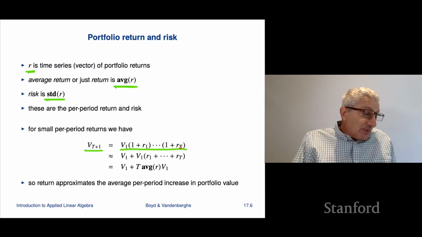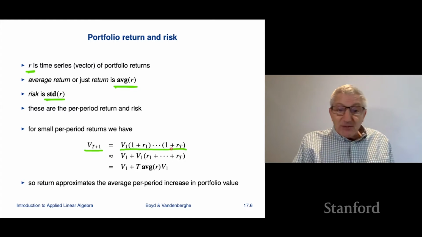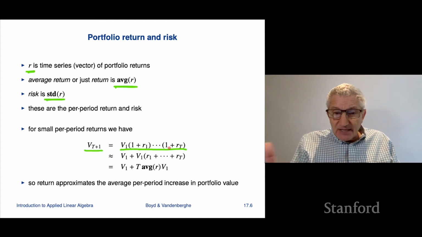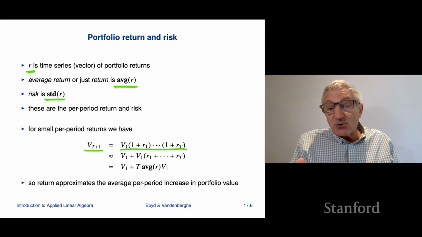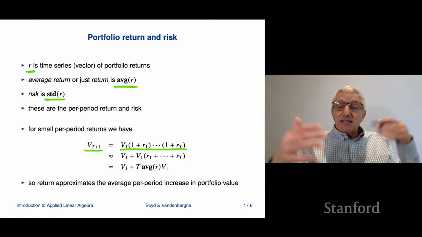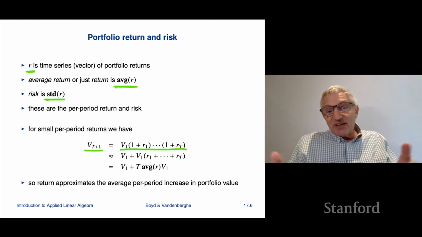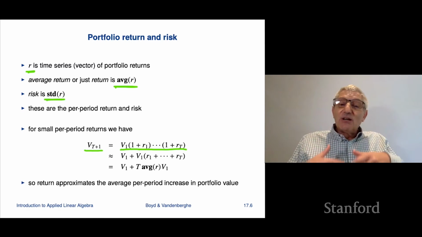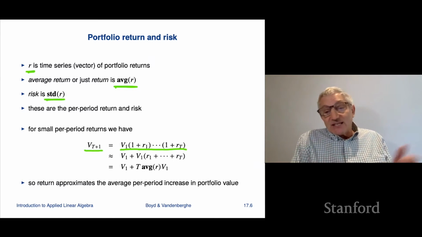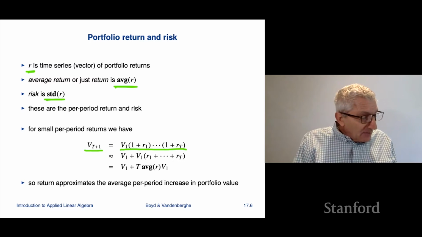It's V1, the initial value, times the product of all the (1 + R) returns. Oh, by the way, some people refer to this process of taking the product of 1 plus things as compounding. It means if you do well, you reinvest. But for us, that's what the weight vector means.